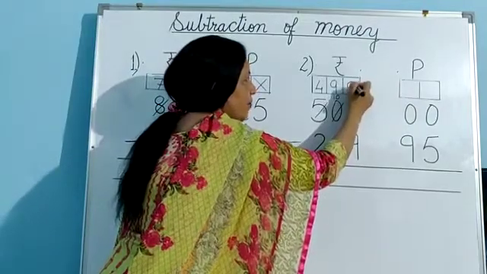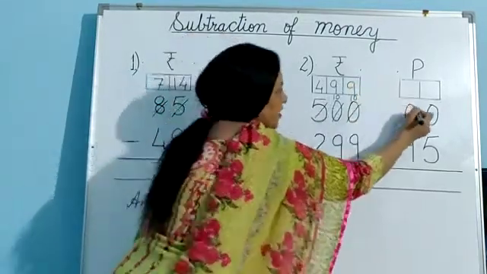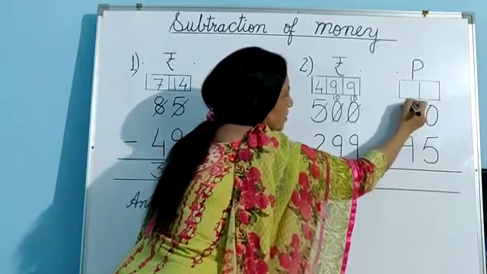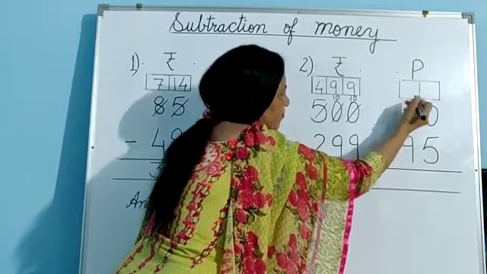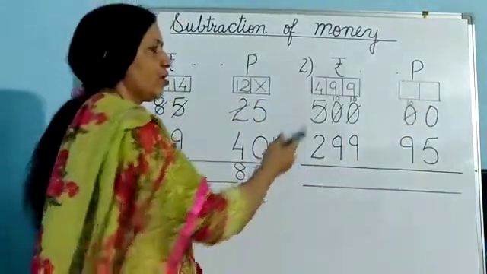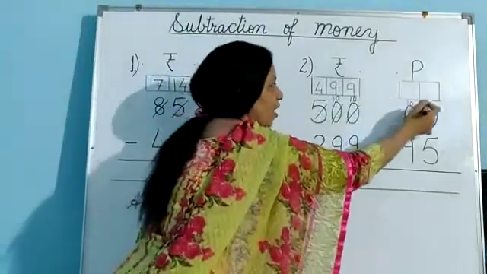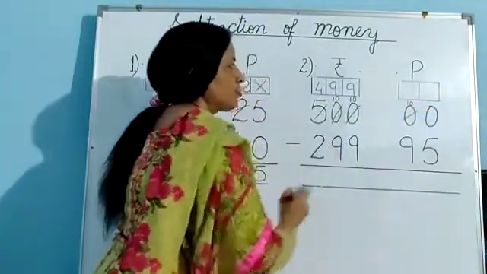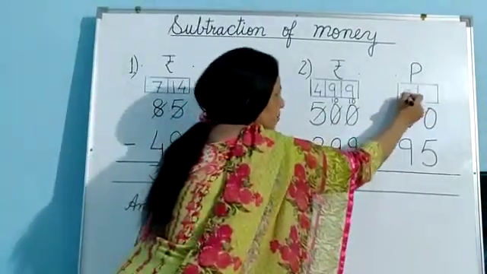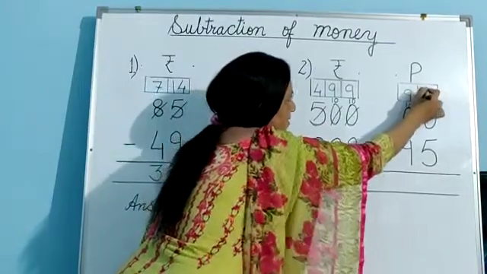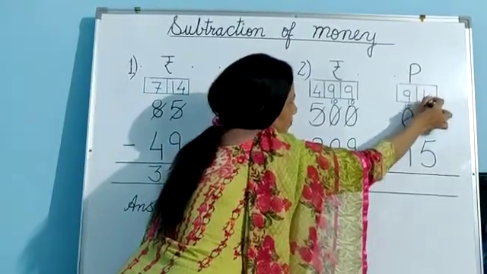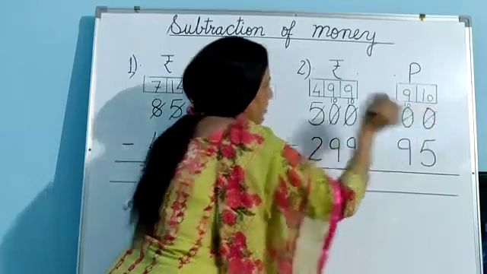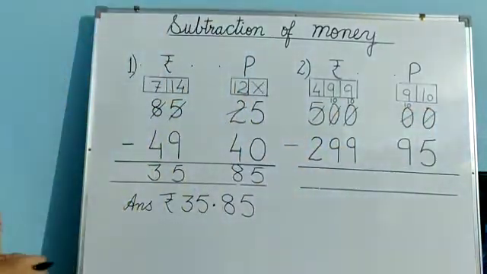This will again become 9 and this 0 will become 10. Now this 10 will give 1 to first 0. This will become 9 and this 0 will become 10. Clear beta?